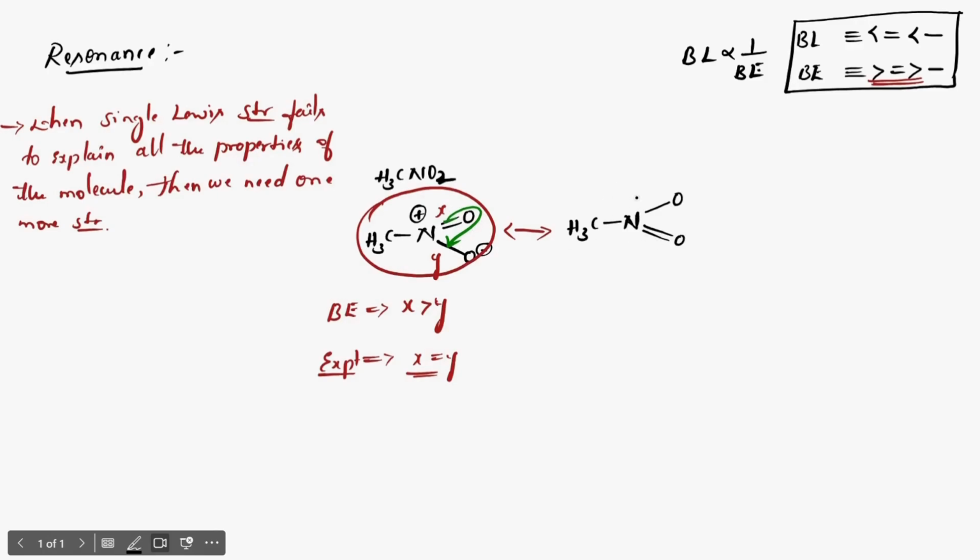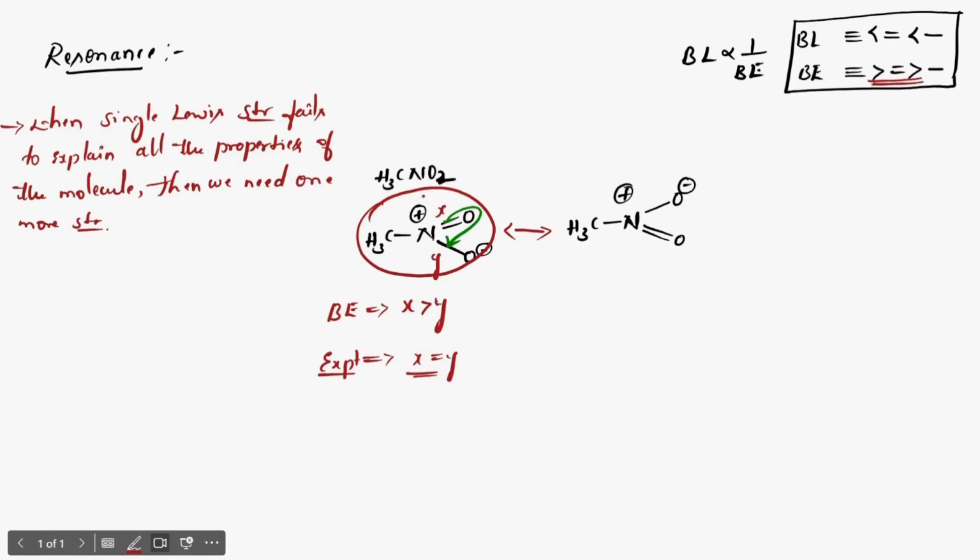As usual, the positive charge is on nitrogen and the negative charge shifts to oxygen. Again, in this case also, you're not going to get the experimental bond energy, that is X equal to Y.